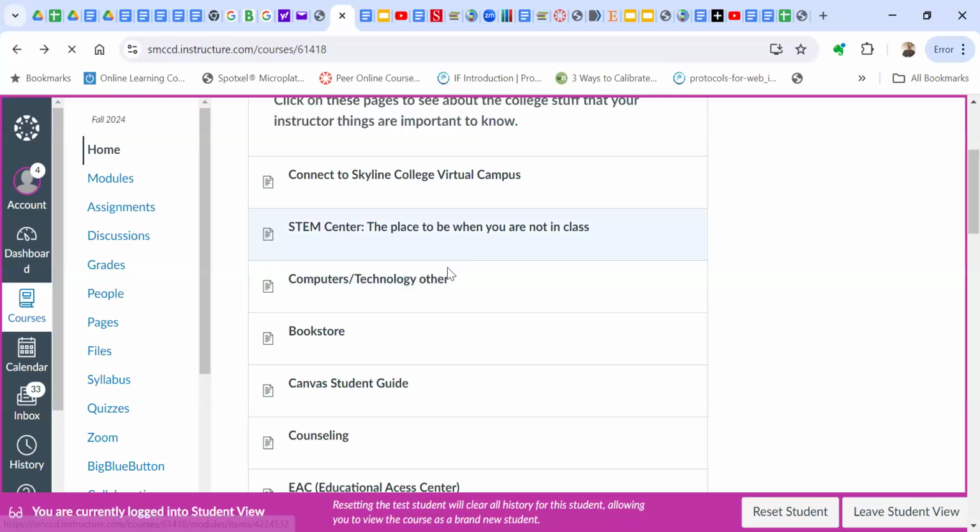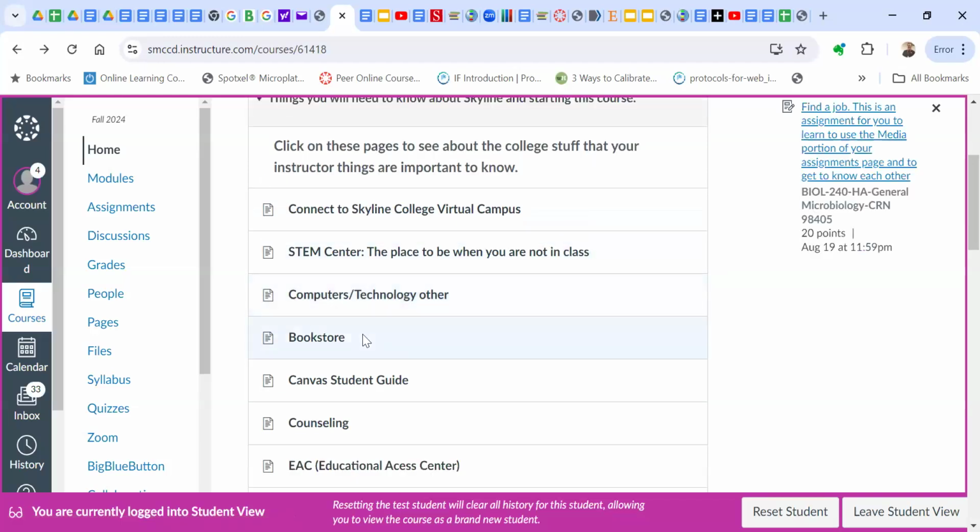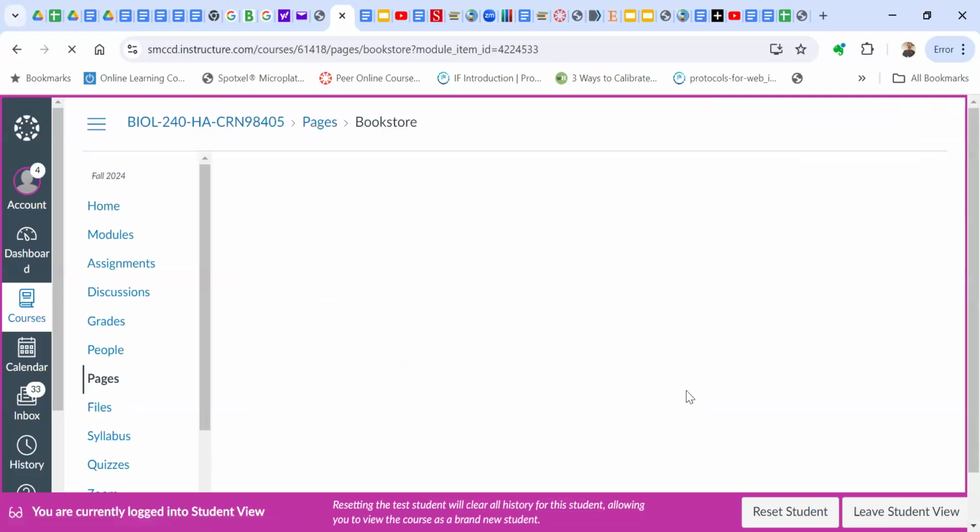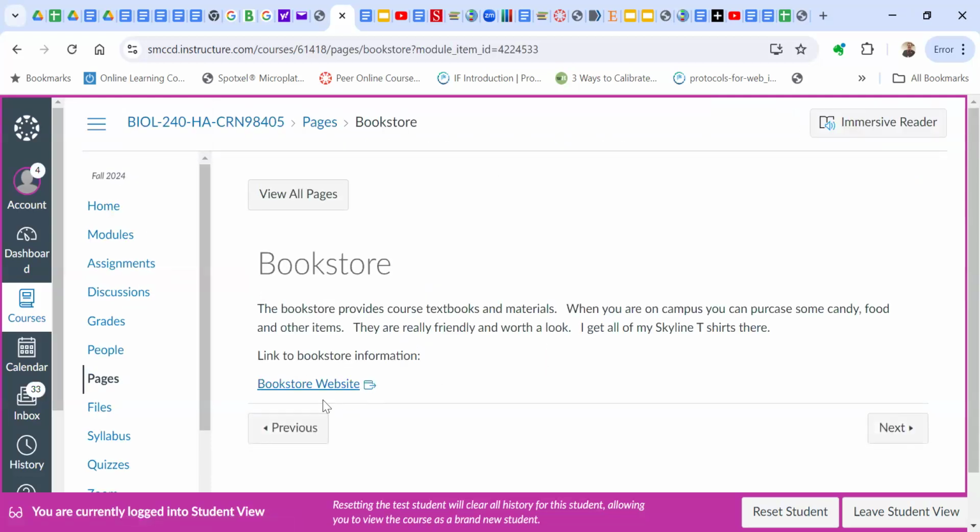Skyline will also lend you materials if you need them. The bookstore is great when you're on campus. I'd recommend that you go to the bookstore website and see what they offer. They do have copies of the book; I think they have hard copies of the open resource textbook that we'll be using in the class.